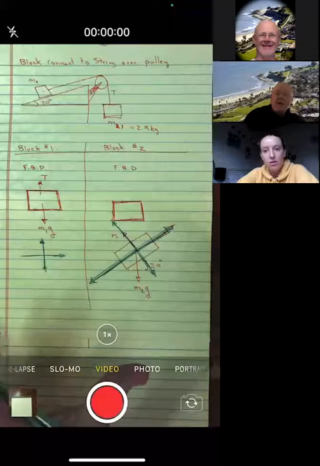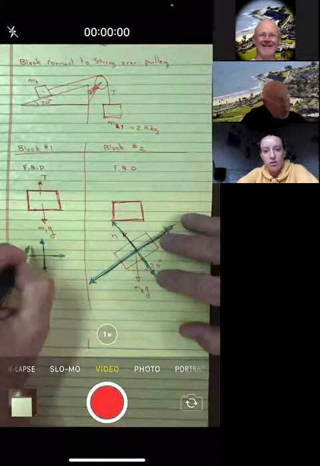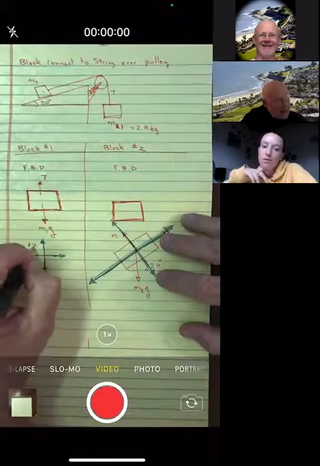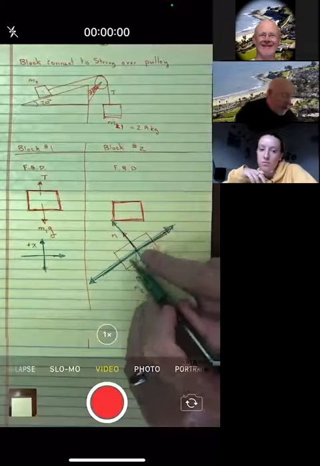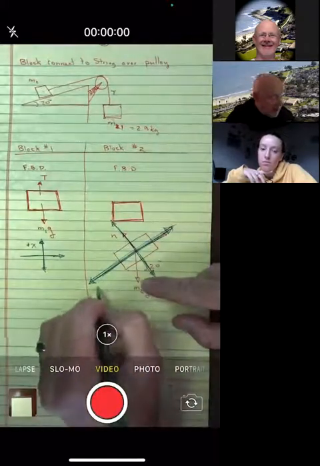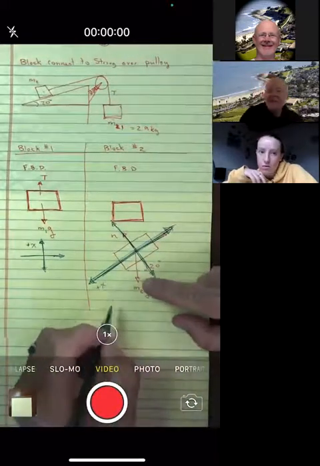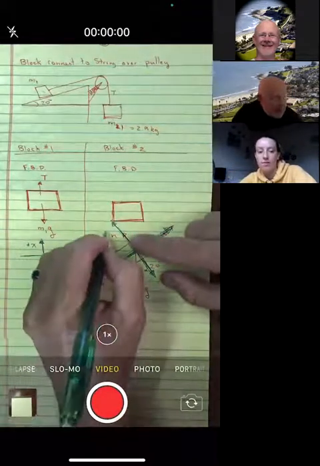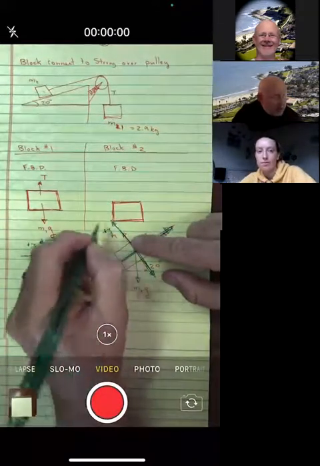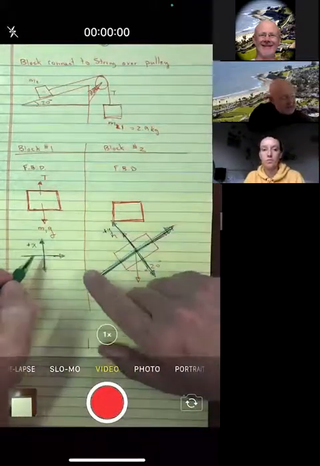So I'm going to do this. I'm going to call up the positive X-axis. And then I'm going to call down the incline the positive X-axis. Which means that the other direction is the Y-axis.